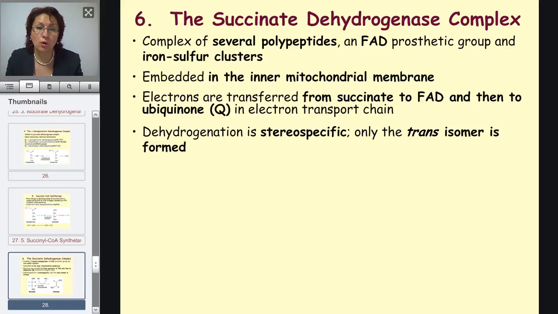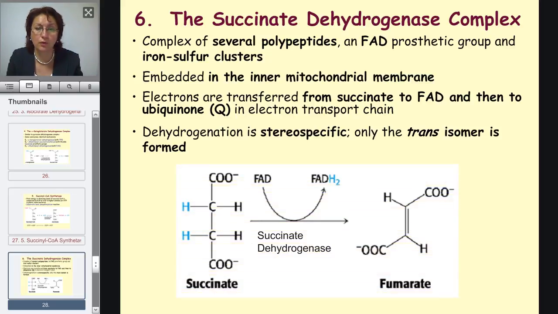The next reaction of the Krebs cycle is the succinate dehydrogenase reaction. In this reaction takes part the succinate dehydrogenase complex, a complex of several polypeptides with FAD prosthetic group and iron-sulfur cluster embedded in the inner mitochondrial membrane.